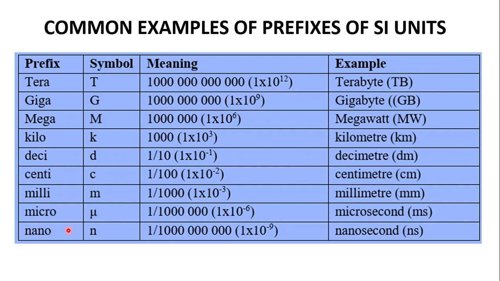Of course, there are others like the pico, the femto, and others, but I just picked these most common ones. So a nano, small n, is 1 over 1 billion. That's 1 times 10 to the power minus 9, as in nanoseconds.